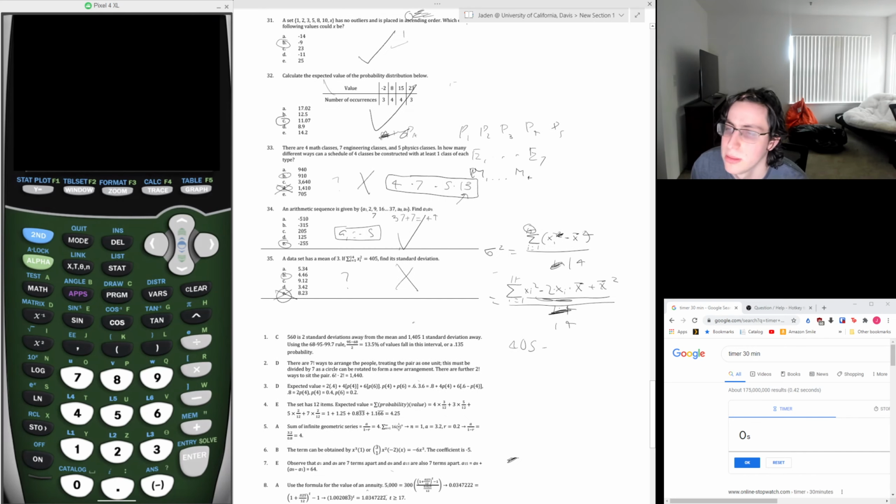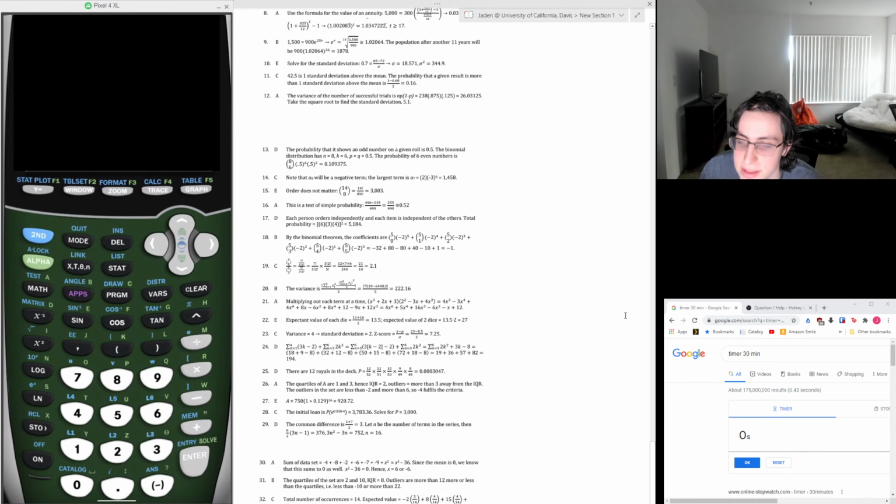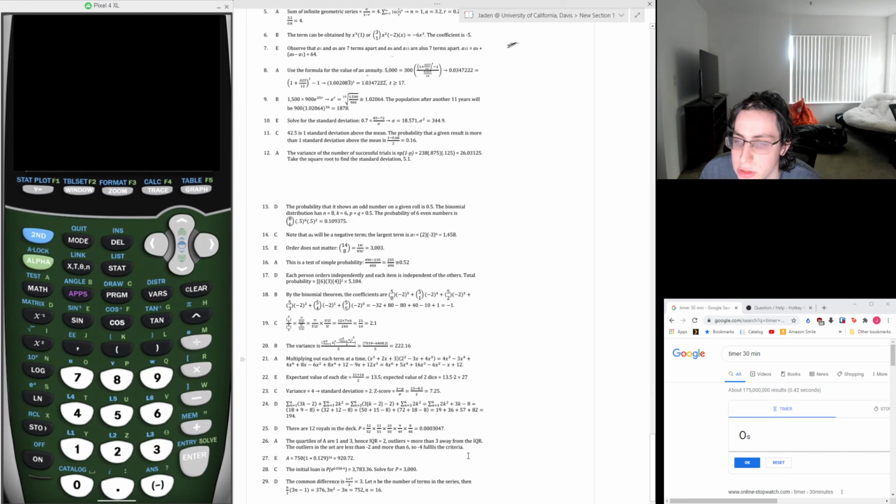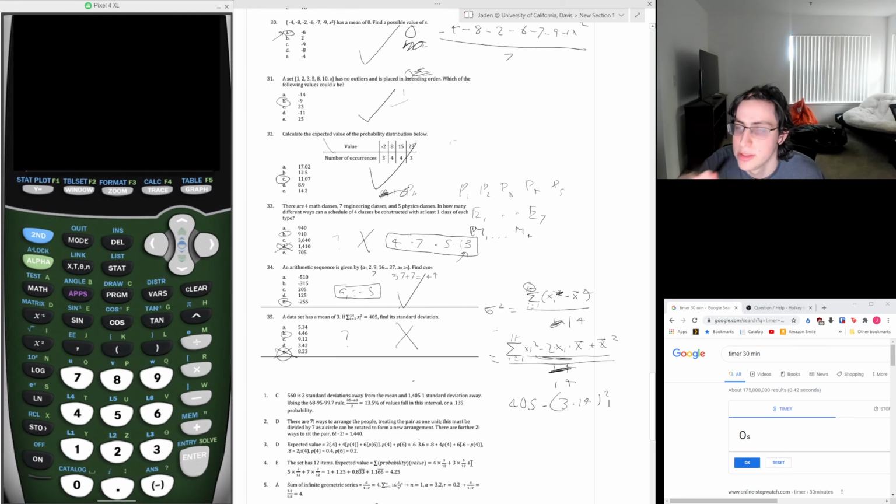Why is that 3 times 14 squared over 14? I'm sorry, I'm trying to figure this out, because I've forgotten how to do this for the most part. 14 times 3 squared over 14, where 3 is the mean.